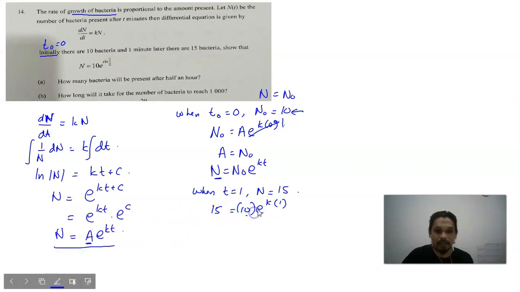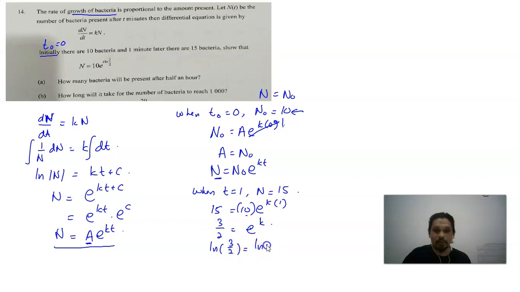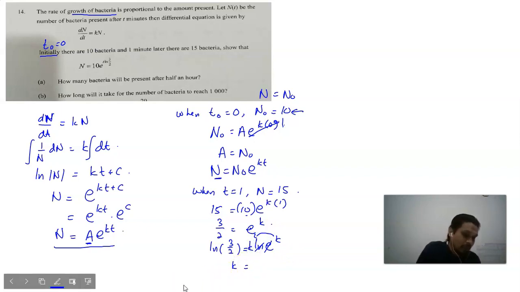Then e power of K, with T equal to 1. So 15 divided by 10 is 3 over 2, then e power of K. To eliminate this constant e, we take the natural log: natural log of 3 over 2 equal to natural log of e power of K. So then K equal to natural log of 3 over 2.